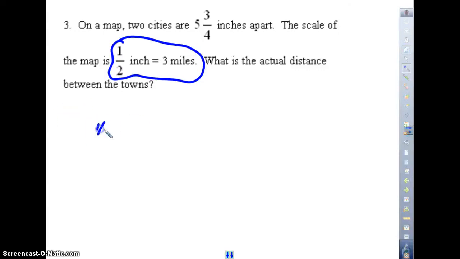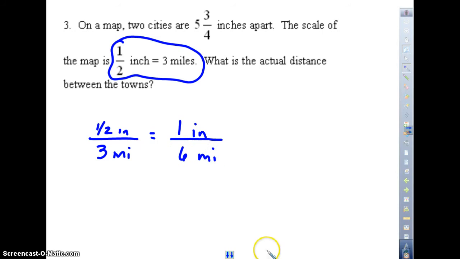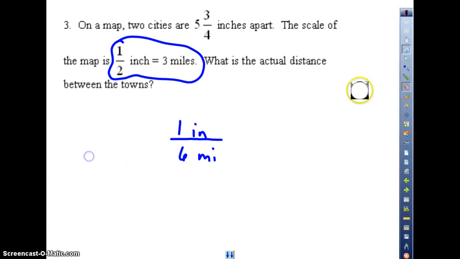So instead of using 1/2 inch to represent 3 miles, what he said is, let's just double this. Let's use a full inch. That would have to represent what? If each half inch is 3 miles, half inch plus a half inch is a full inch. So 3 plus 3 has to be 6. So let's use that for our scale instead.